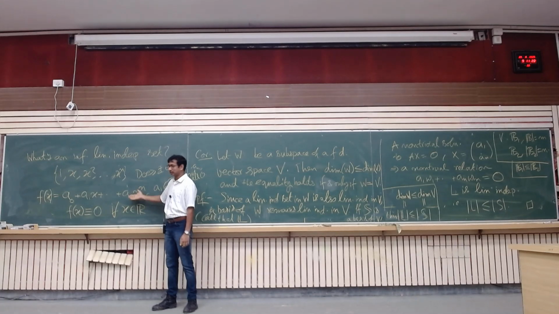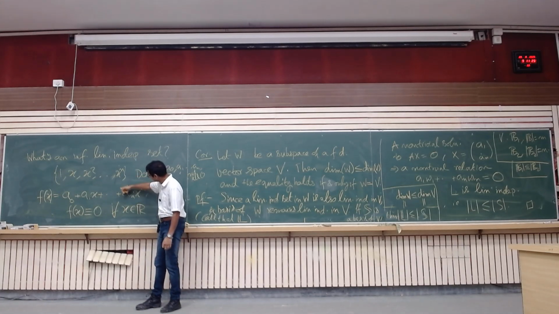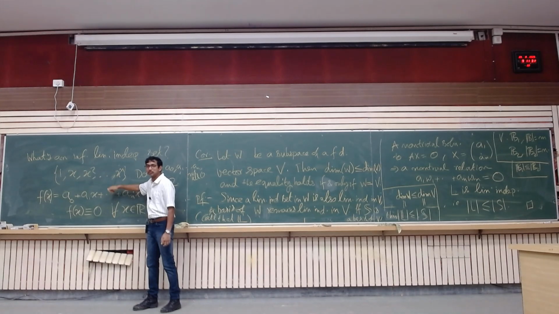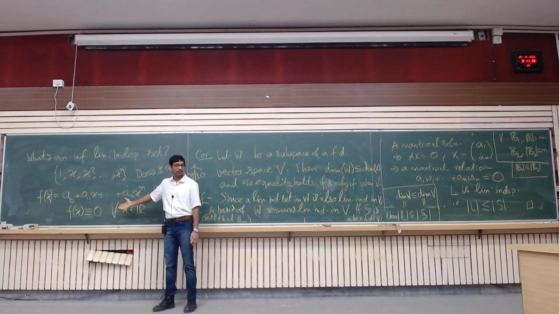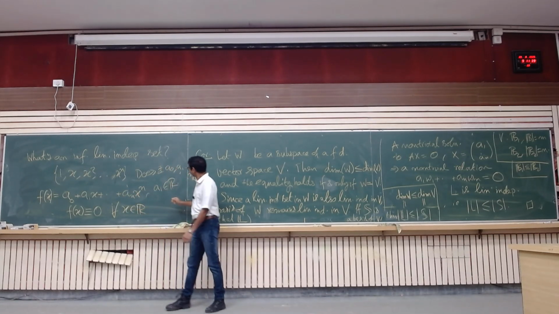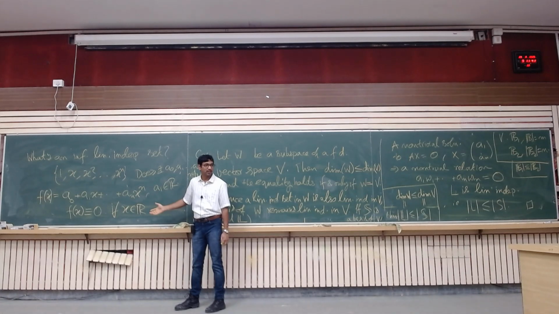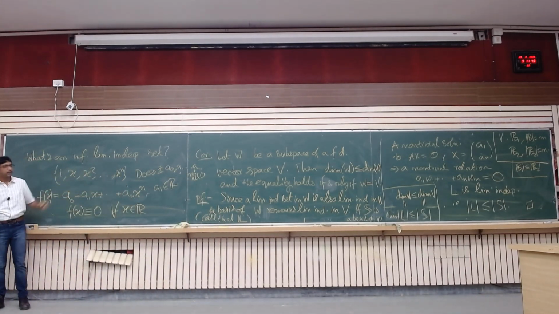Actually you can start with the nth derivative, single this out, show that this is equal to 0, then show that n minus 1 is equal to 0, and so on. So there are various ways of showing that all the coefficients should be 0. There is no non-trivial linear relation among them. So in particular, this is linearly independent.